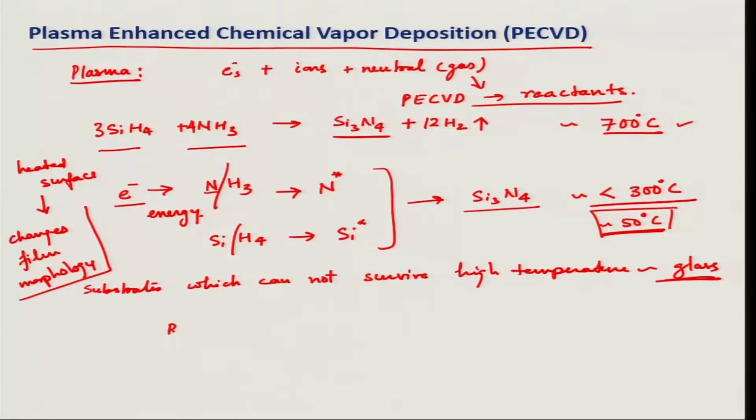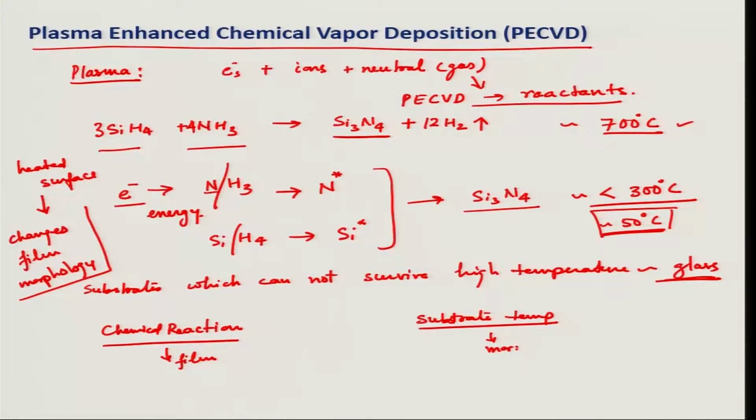So this is the chemical reaction which gives you film, okay, and the substrate temperature controls the morphology of the film or the properties of the film. If these can be separated out, then you can control these two separately, right.